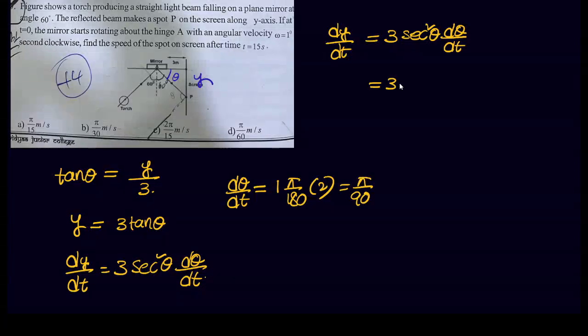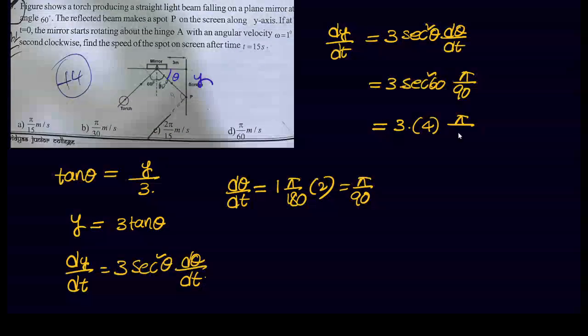Now the angle theta is the angle of incidence, which is given as 60, so sec squared 60 into pi by 90. Cos 60 is 1 by 2, so sec 60 is 2, and 2 squared is 4, so 3 into 4 into pi by 90.